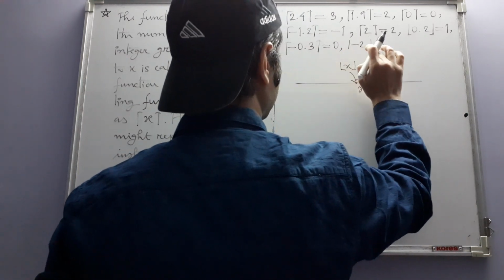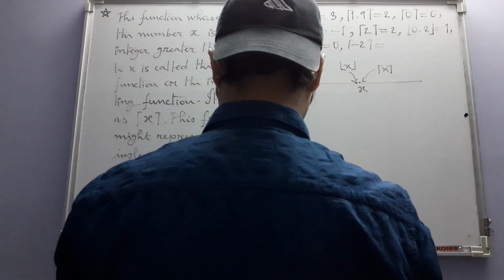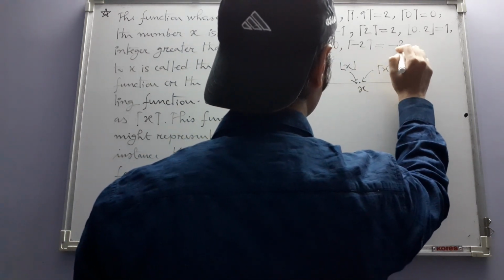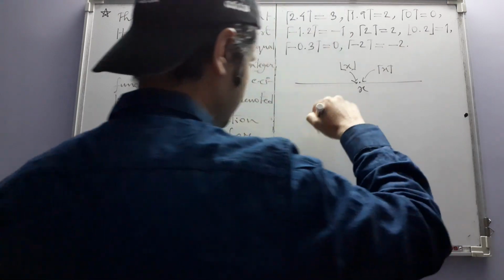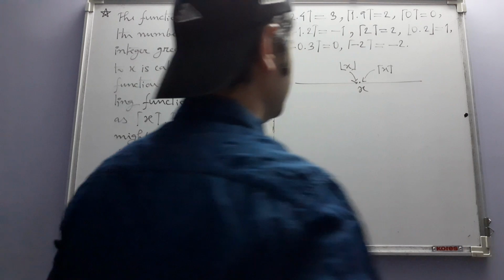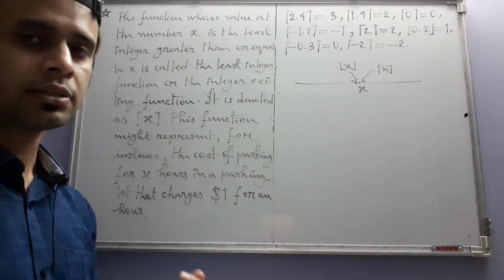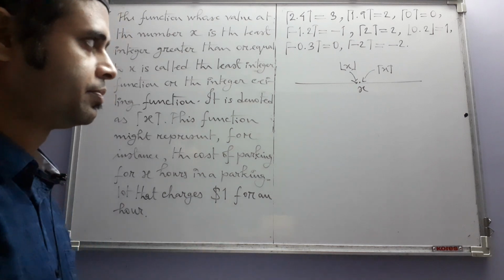Oh, sorry. The ceiling function is less frequently used than the floor, so I have got a habit of writing the floor. So the graph of the ceiling function is left to you.